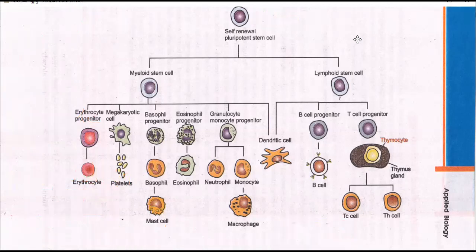In the same way, when you want to talk about how platelets are formed: the hemopoietic stem cell develops into the myeloid stem cell, and the myeloid stem cell forms the megakaryocyte cell, and that megakaryocyte cell is going to break down and form the platelets. Next, how are basophils and mast cells formed? The hemopoietic stem cell forms the myeloid stem cell, then that forms the basophil progenitor, which forms the basophil.